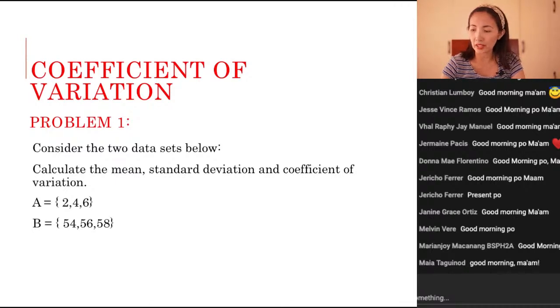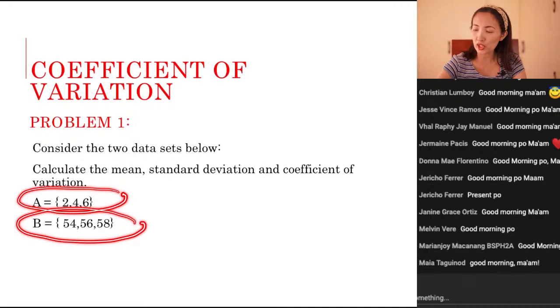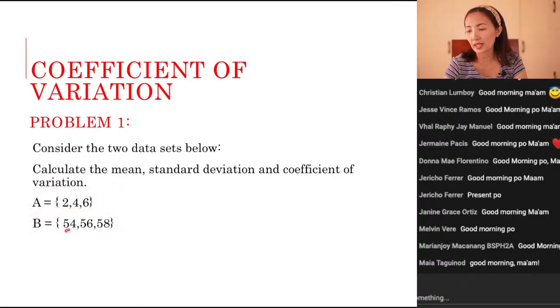Set A consists of the observations 2, 4, 6, and set B consists of the observations 54, 56, and 58.